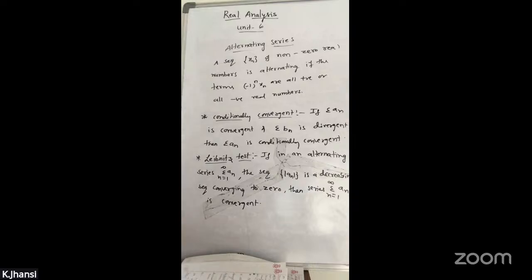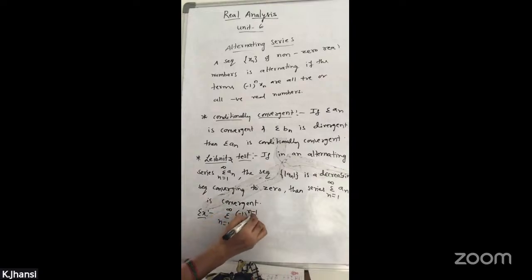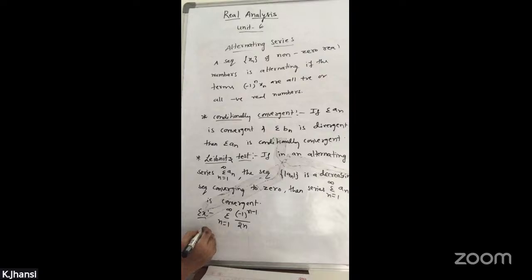So one example problem is, okay, summation n equals 1 to infinity (-1)^(n-1) by 2n. Okay. So the solution is: let the given series be, or you can take here, an equals (-1)^(n-1) by 2n.